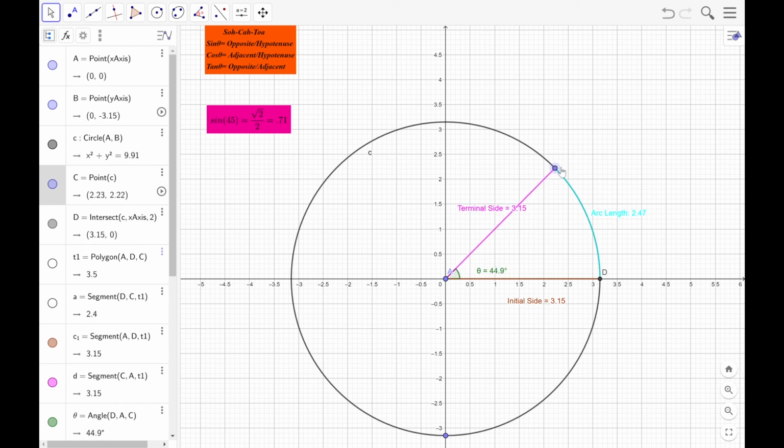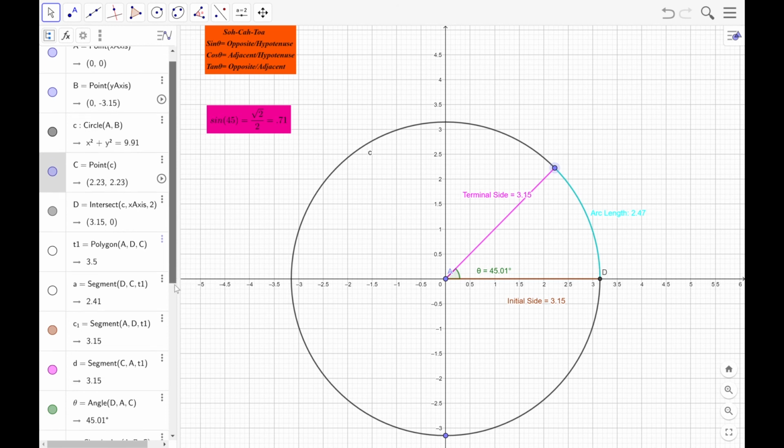All right, well, he's close enough. He's about 45 degrees. So what we're looking at right here is we have a radius of length 3.15 and we have an angle of about 45 degrees. I'm sorry I couldn't make it perfect.